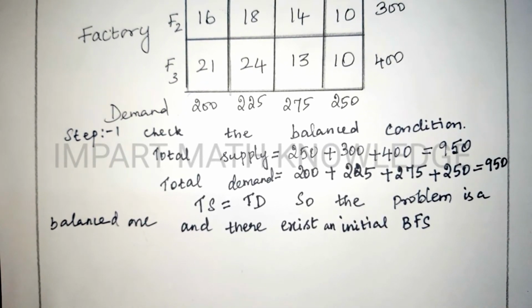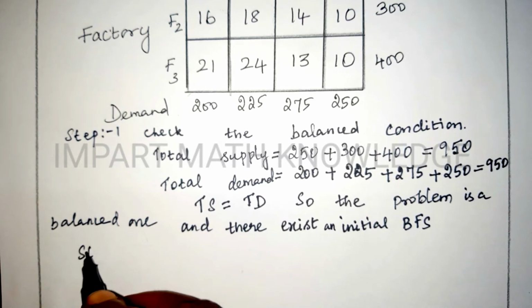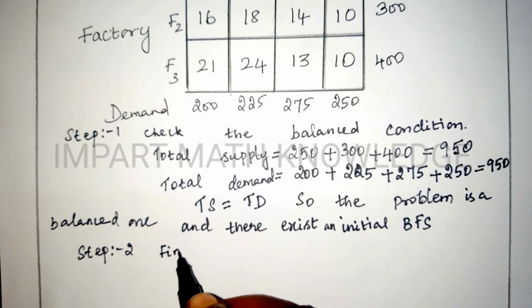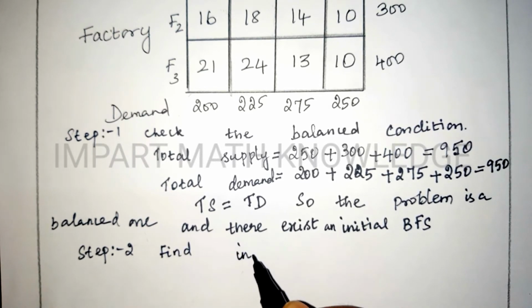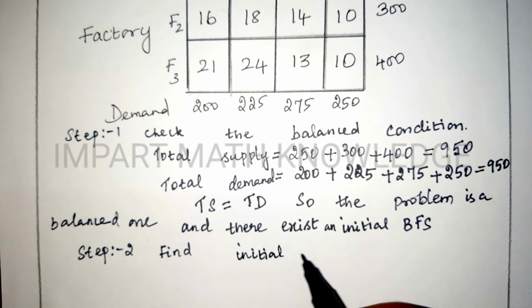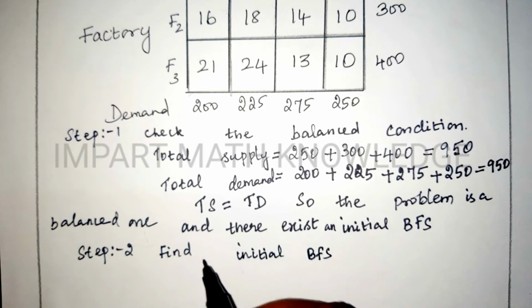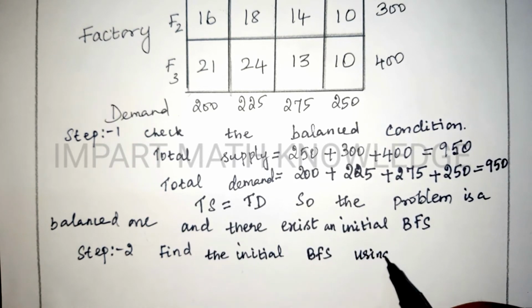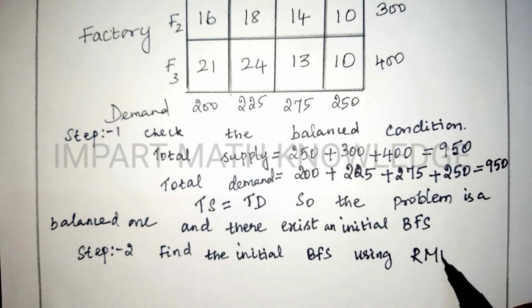Step 2, we have to find the initial basic feasible solution using the row minima method.